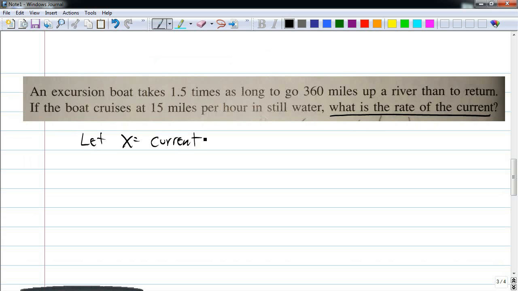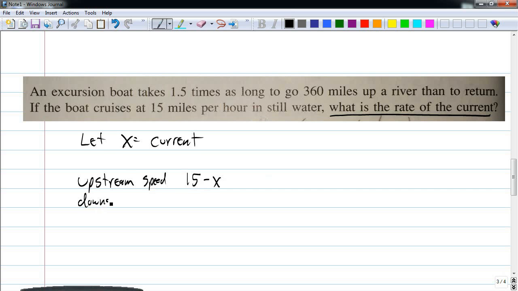Now, I know that going upstream against the current, the boat is traveling at 15 miles an hour minus the current. Okay, so this is the upstream speed.